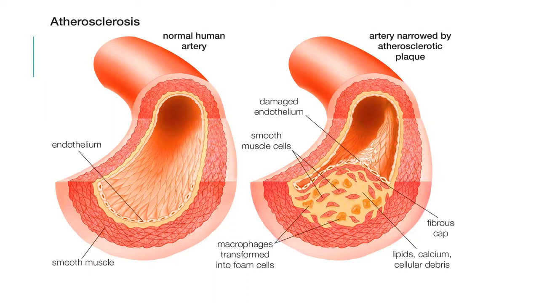And here there is even damage of the endothelial lining. So this particular deposition of lipids, calcium or fat within the walls of the arteries is called the plaque, and this plaque reduces the lumen of the arterial walls and eventually blood flow reduces.